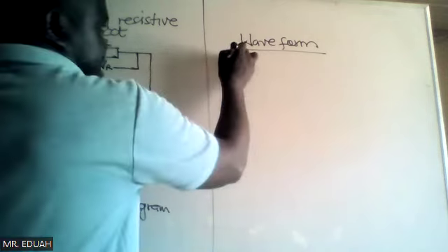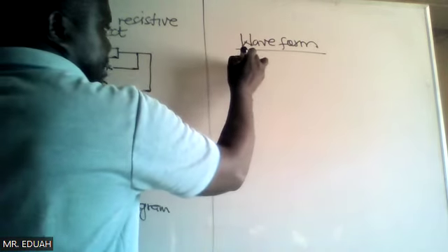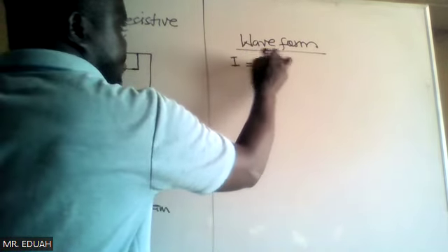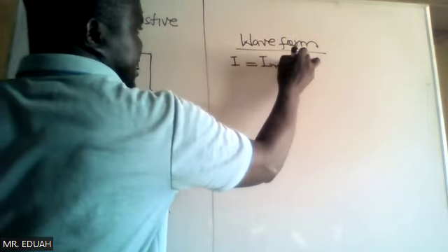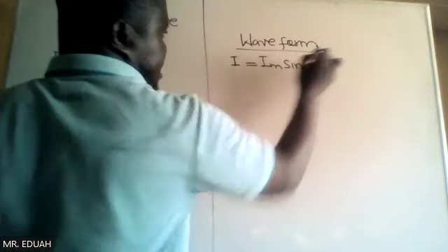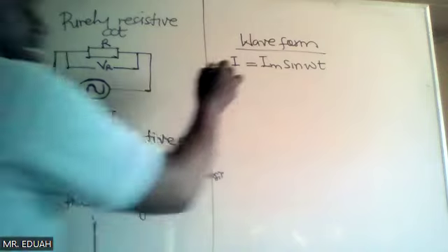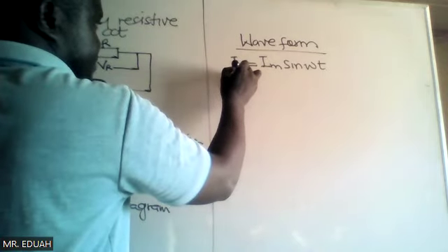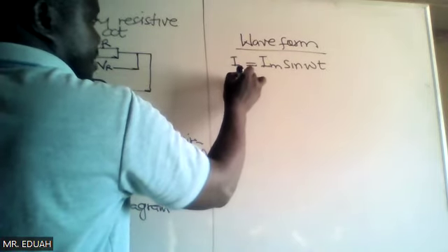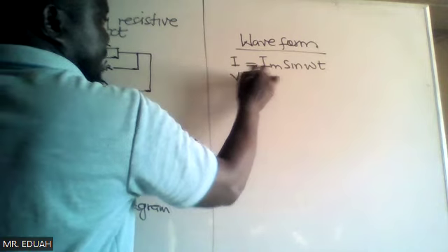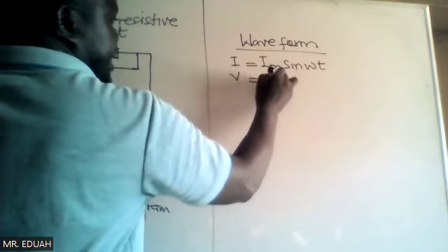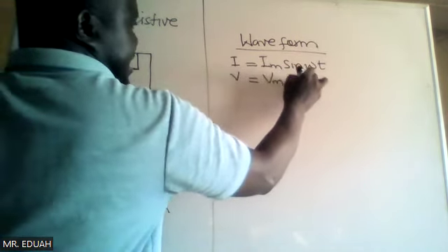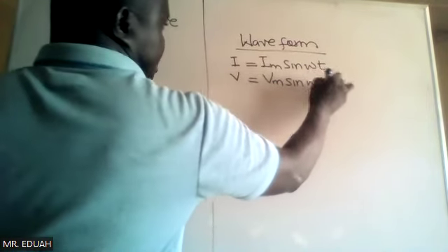Alternating current is represented as I equals I maximum, or peak, sine omega t. Alternating voltage V is given as Vm sine omega t.